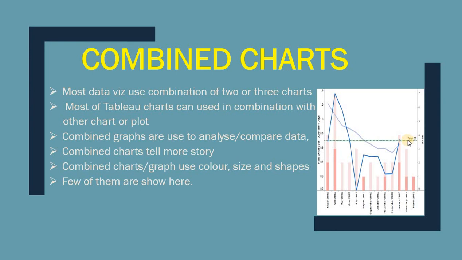Target could be a mean or an average and so on. There are lots of different combinations we can use for visualizing our data. So we'll see all of this in the actual visualization. This is just to give you the overview of this, and I will add more information on where to use them as well.